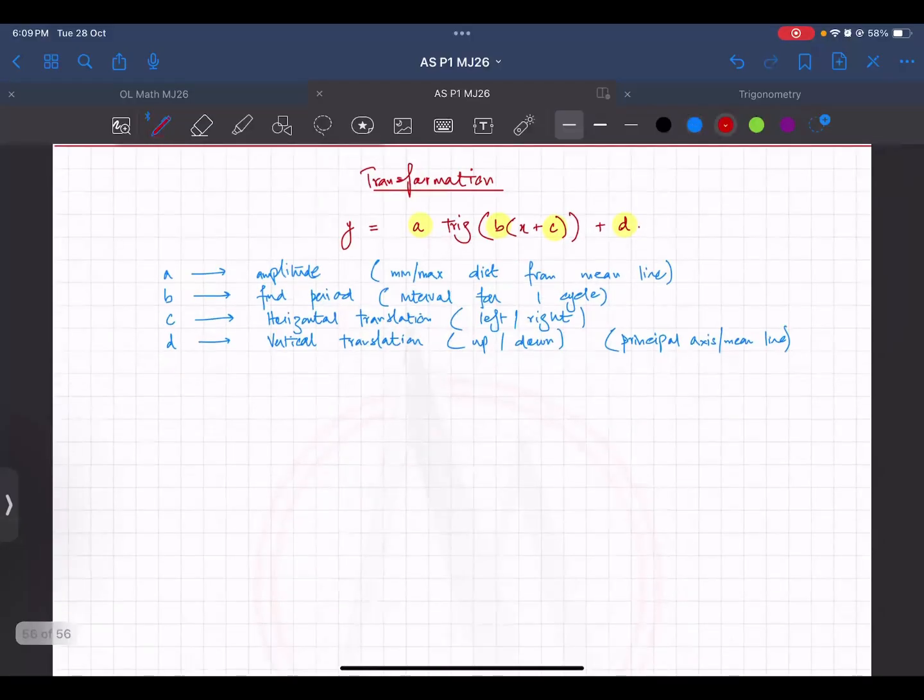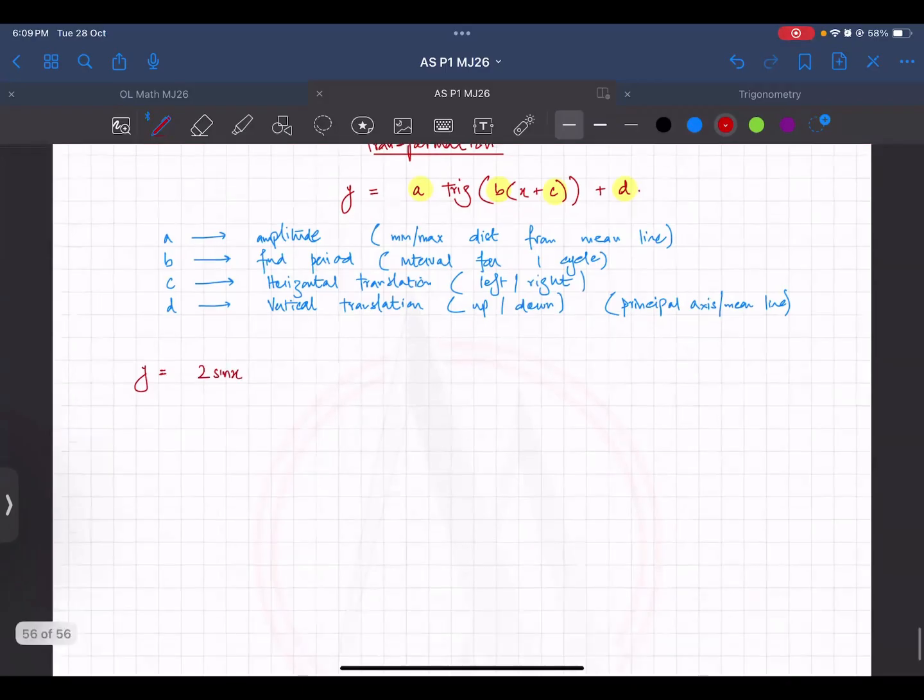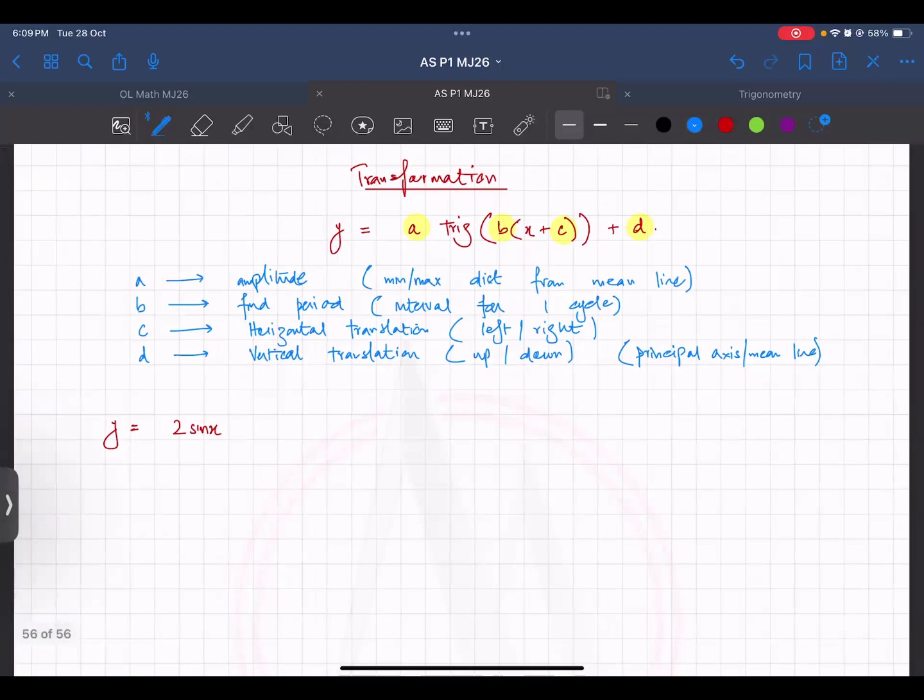Okay. So first of all, I am making a graph of, we are all sketching, okay? y is equals to, let's suppose this, 2 sine x. Just after comparison with the general format that I gave you, you can see that only your a value has changed. So your a is right now 2, the amplitude is 2.